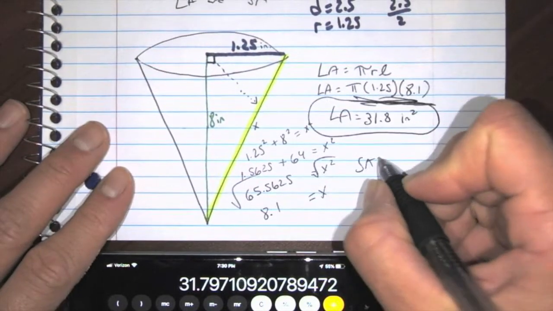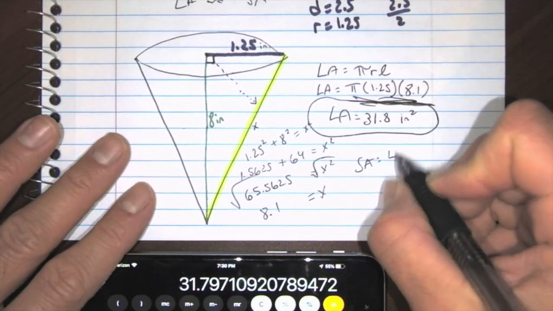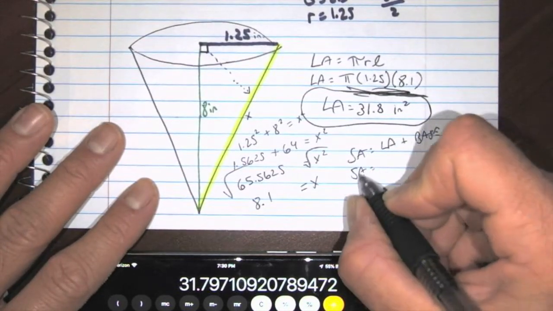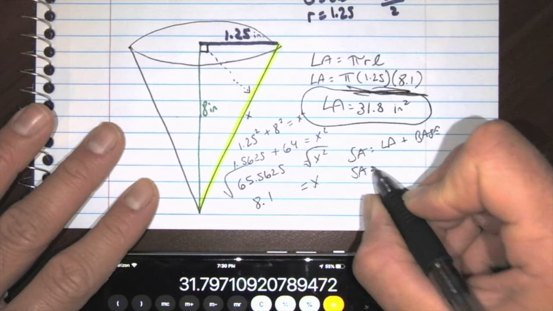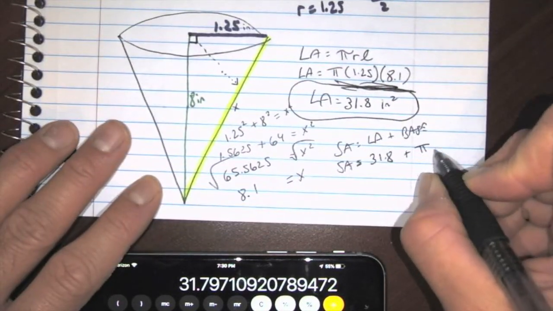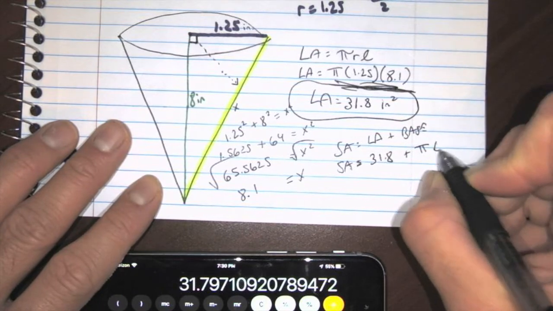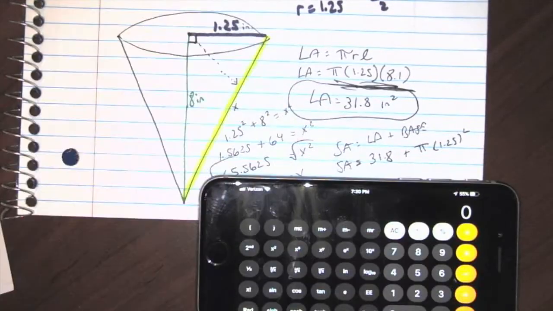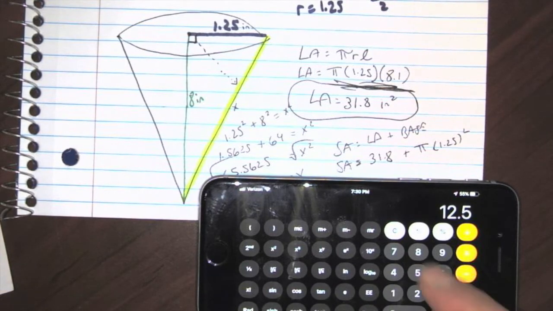Surface area, you're on your own. If you need to watch me, watch me. If you don't, you don't even need to look at the computer, folks. Plus pi times the radius squared. What is the radius? 1.25. Where's the squared button? There it is.